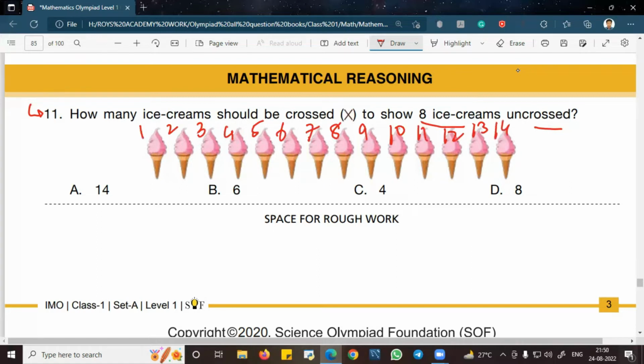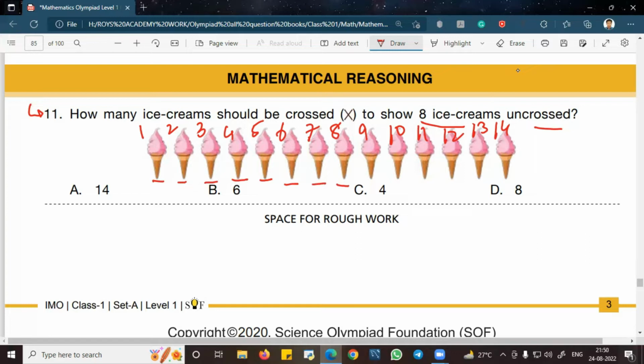So guys, we have 14 ice creams. Now we have to count 8 ice creams: 1, 2, 3, 4, 5, 6, 7, 8. That means these ice creams we see here.